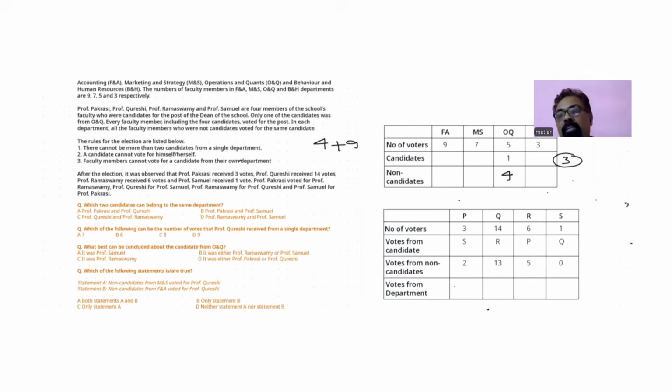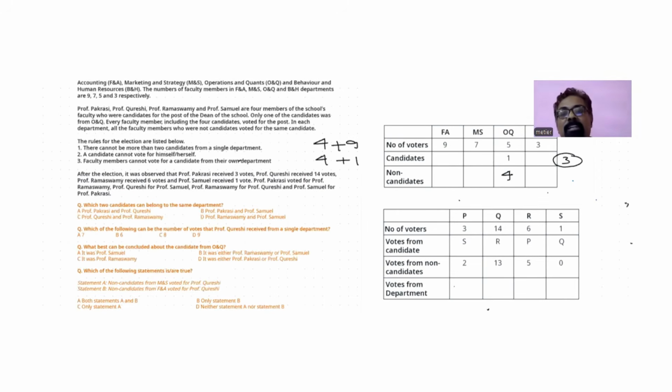And if we go with R, if R got these 4 votes, then R needs 1 more vote from another department. But the problem is, if you look at the first table, no department will have 1 non-candidate voter. Check. We can have maximum 2 candidates here.